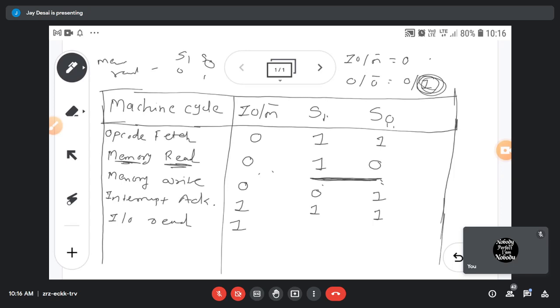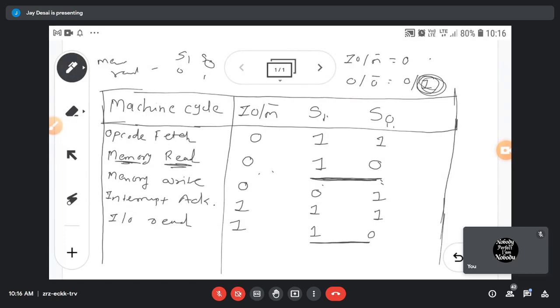Okay, for the reading operation, what is the fixed logic of S1 and S0? Look above, for memory read what is the logic of S1 and S0? For the reading operation it is 1 0. Yes, same over here, 1 0. 1 0 means it indicates the reading operation.